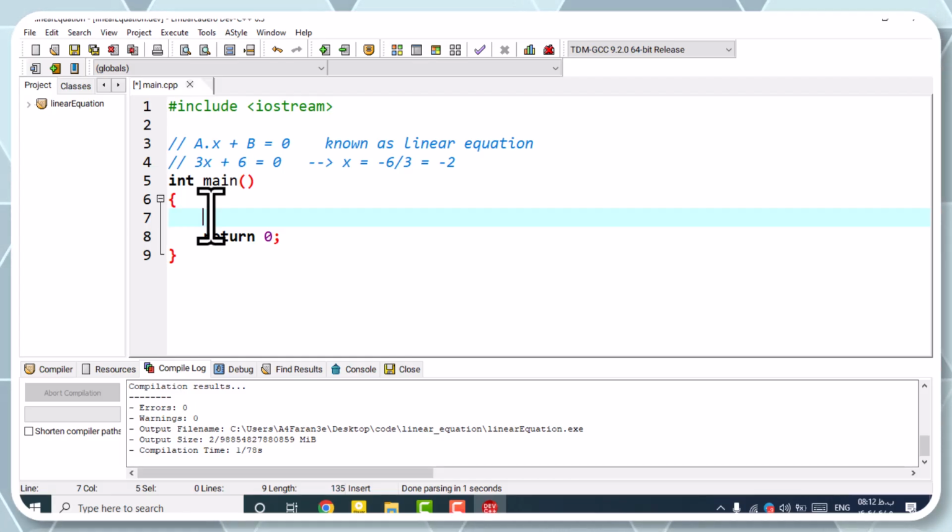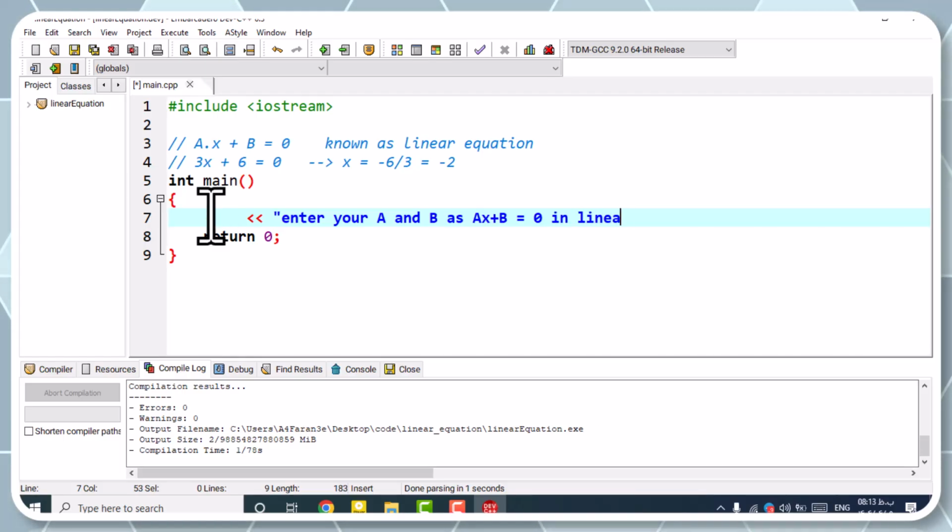So first of all, let me show an alert with cout: enter your a and b as ax plus b is equal to 0 in linear equation.